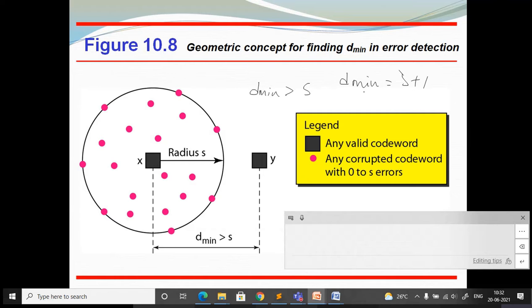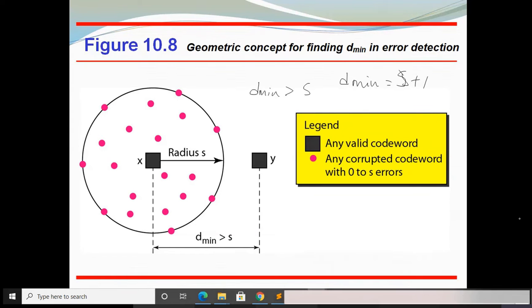The minimum Hamming distance should be greater than S. This is not so important, just to understand how the corrupted code words lie. It will be within the radius.